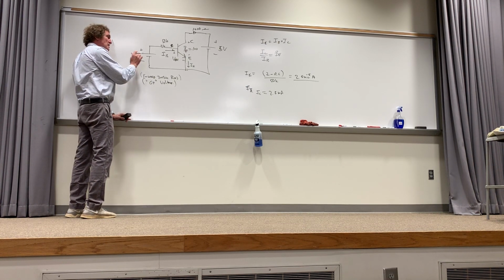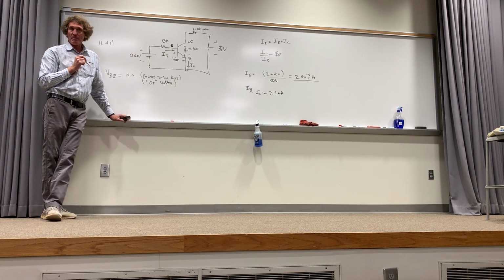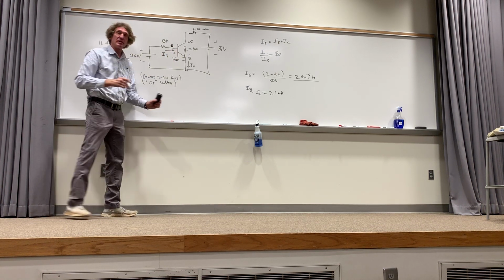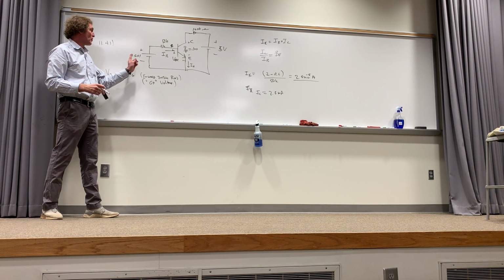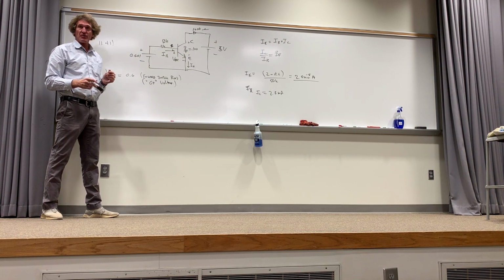Since it's 0.6, if I put 0.601 volts there, then still all 0.6 volts would be driven across there, and only the 0.001 volts would be left to cause current to flow. Do you follow me on that? That's the way you think about these. That's not exactly true, but it's a close approximation to the truth.